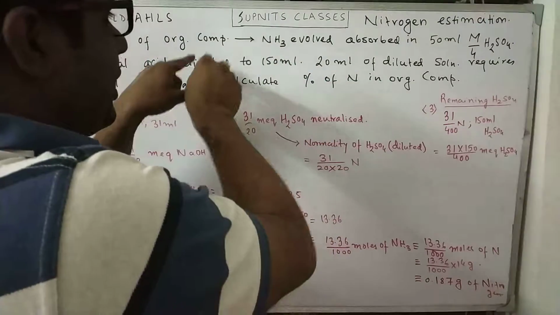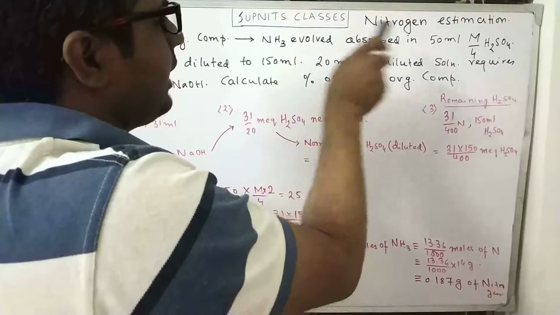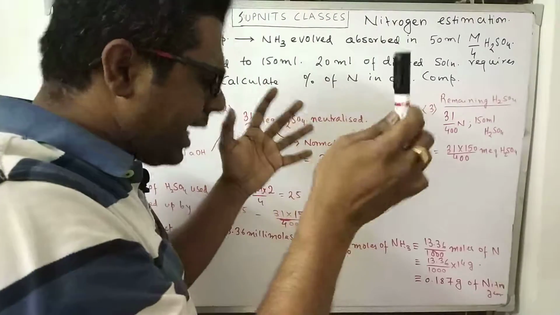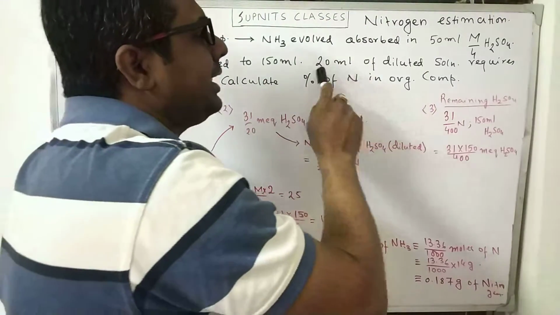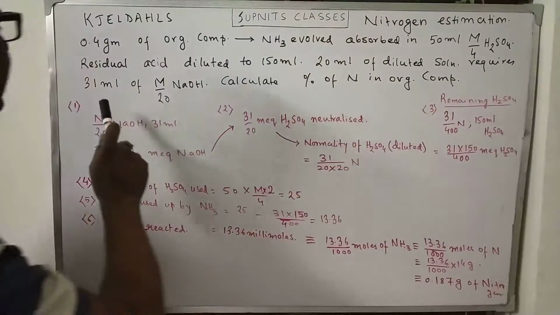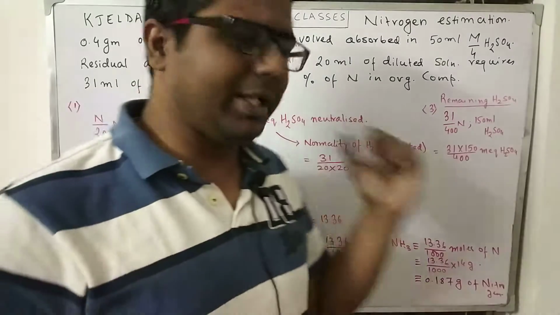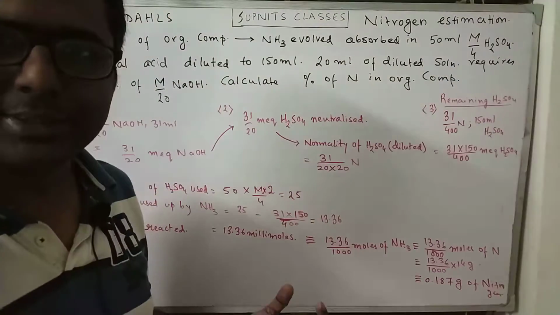Now this solution of 150 milliliter, whatever molarity it is, of H2SO4 solution, from that solution 20 milliliter of diluted solution requires 31 milliliter of M by 20 NaOH. Now, why is this step done? There is some excess H2SO4.